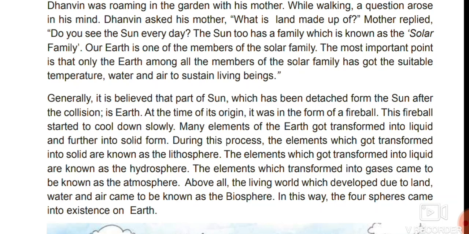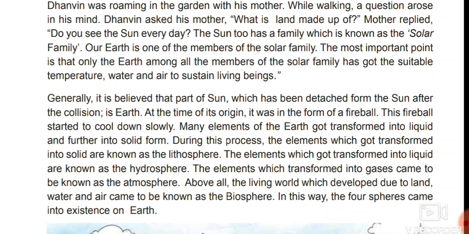Right? How was it? It was a fireball. Slowly and steadily, the heavier materials, the heavier molecules, settled down, and the thinner and lighter portion stayed and floated up. This fireball started to cool down slowly.